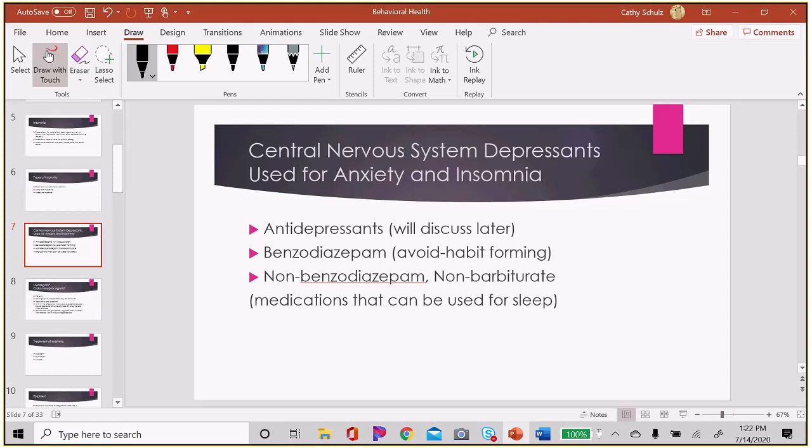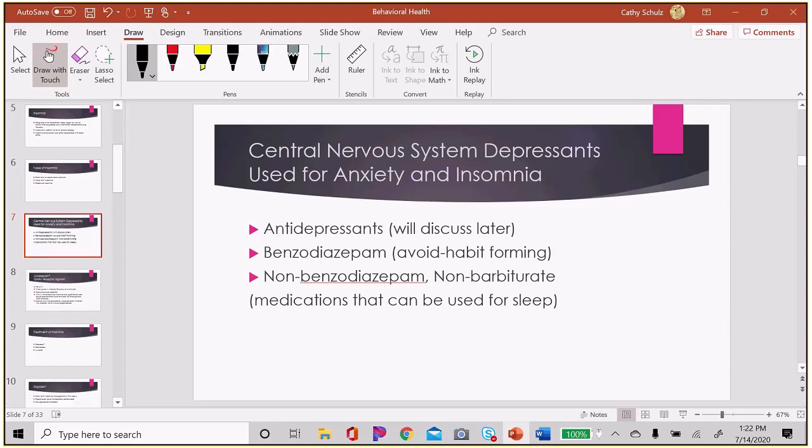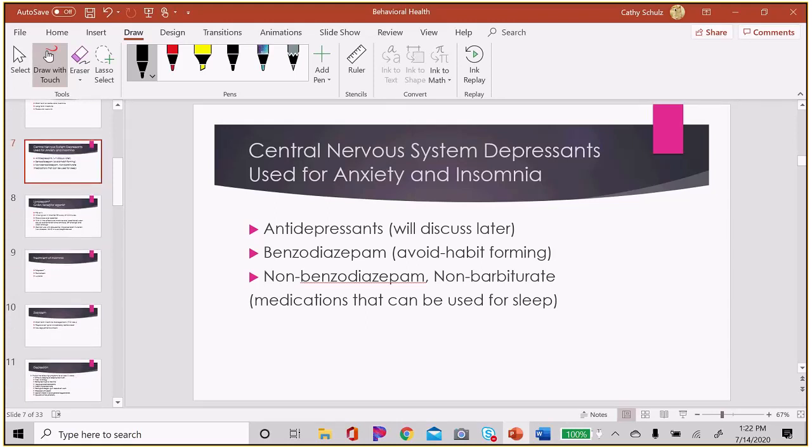You can use medications like that for anxiety and insomnia, except they can become habit forming and the person can become physically dependent to them. There are other medications for sleep that are in the non-benzodiazepine, non-barbiturate category, their own separate category. Those are not meant to treat anxiety, they're meant to treat insomnia.